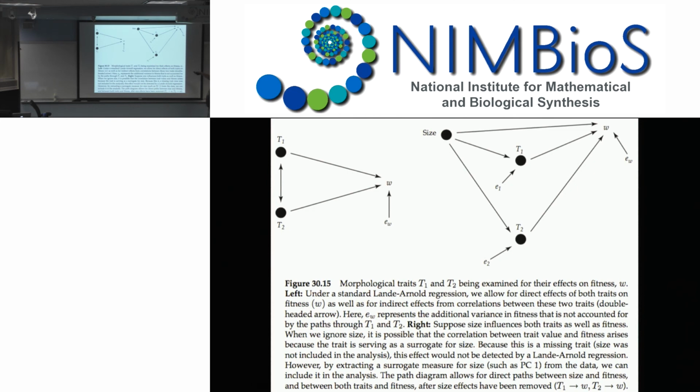In a latent factor model, I imagine I've got size. Size affects fitness. It affects these two traits, and these two traits may affect fitness. So I can use information from here, for example maybe a PC1, to make a new latent variable, put that into the model and run it, and then ask, when I put this factor in the model, how much of these correlations remain. I'm giving you a cartoon version; I won't go into the details. By putting in a surrogate variable, you can ask, does this unmeasured latent variable have some sort of impact?